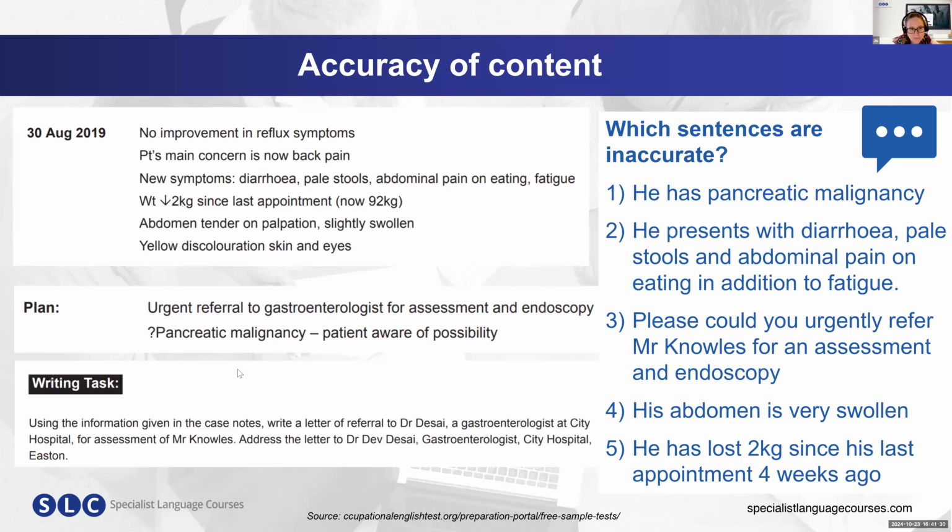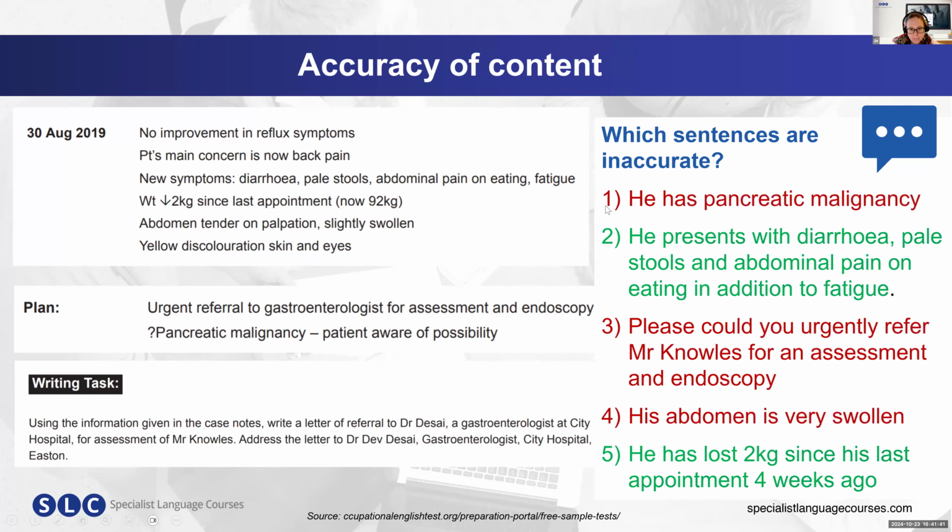Okay, thank you for your ideas. So let's have a little look together. Number 1 is incorrect. You're being absolute here and saying, yes, he has it, whereas the case notes have a question mark. Possible, suspected. 2 is correct. 3 is incorrect.